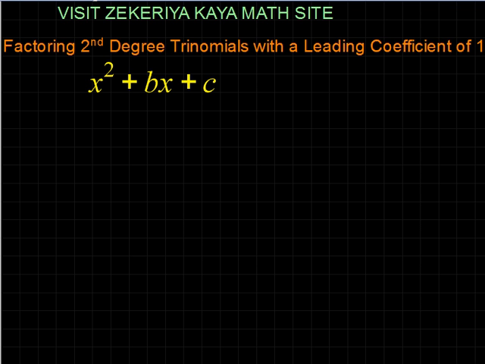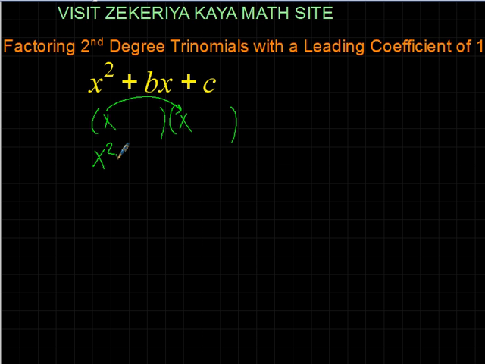Let's clean that back. To get this kind of expression, the second degree trinomial, I need to multiply two binomials, so both of them must have the value x, and when I multiply x and x, it will give me the variable x squared.